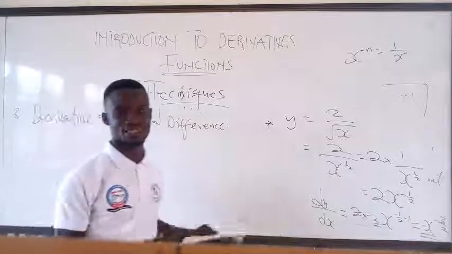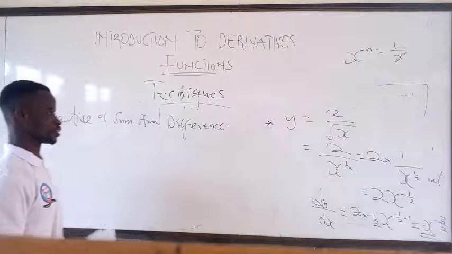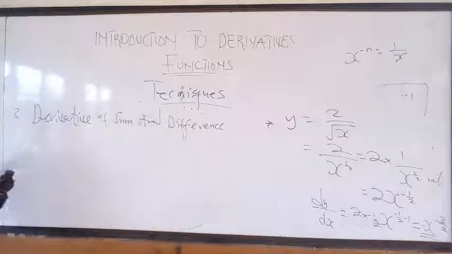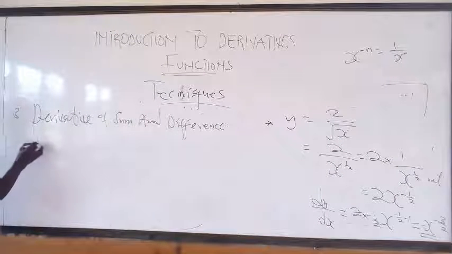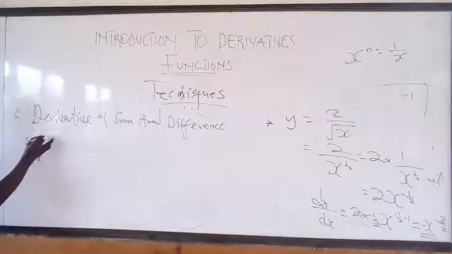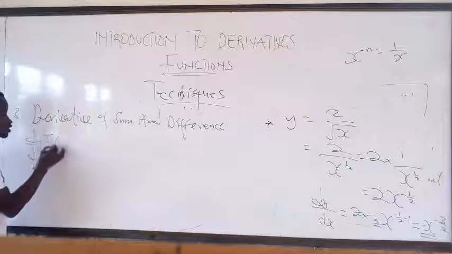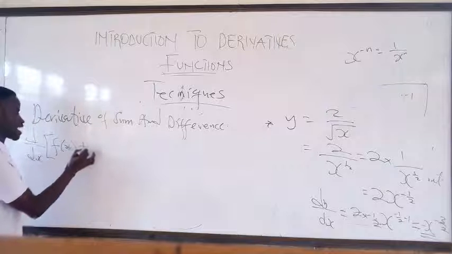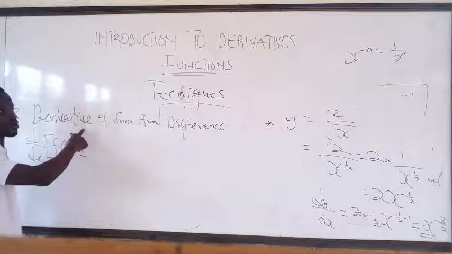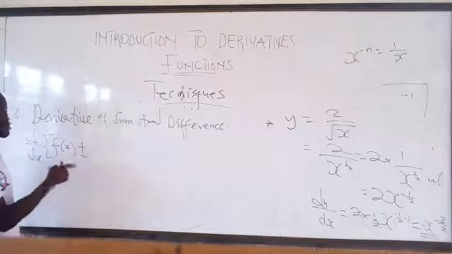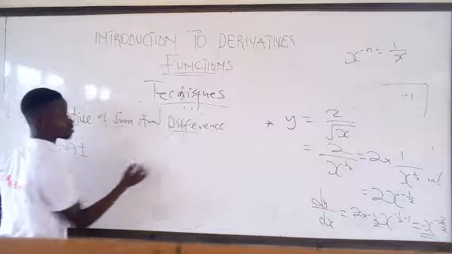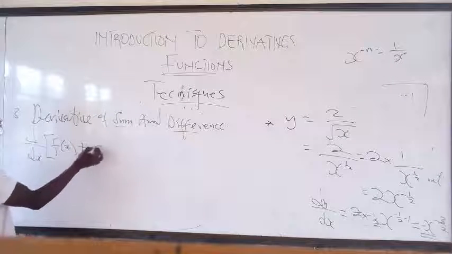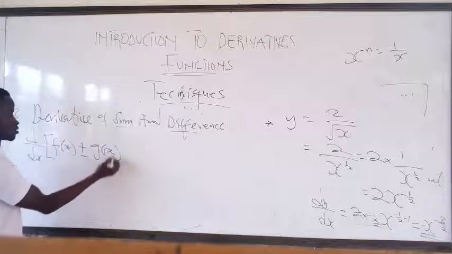Derivative of sum and difference of polynomial functions. So that means that it's like you having a function, let's say f of x, plus or minus. That's why we say sum and what? Difference. Sum and what? Difference. Alright. So plus or minus the g of what? x.